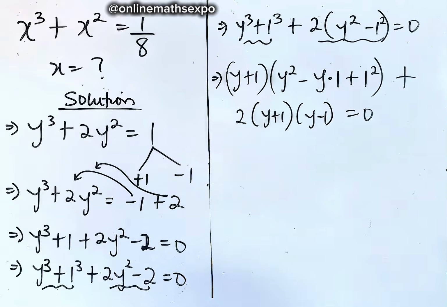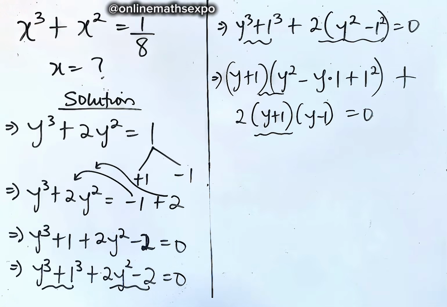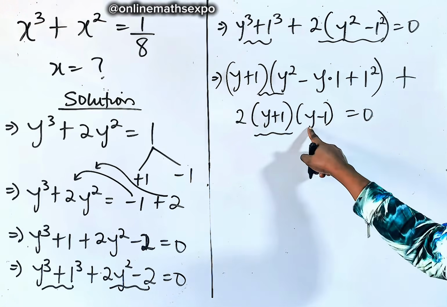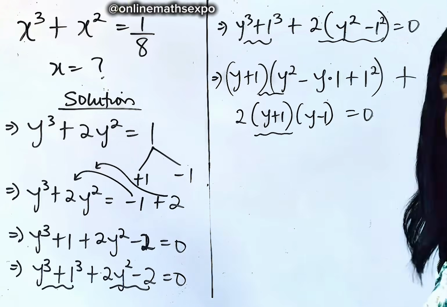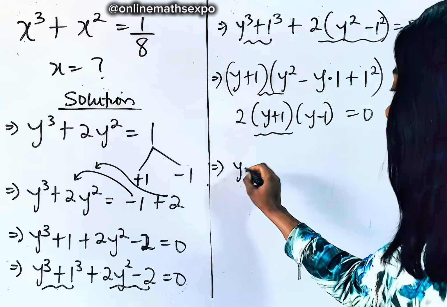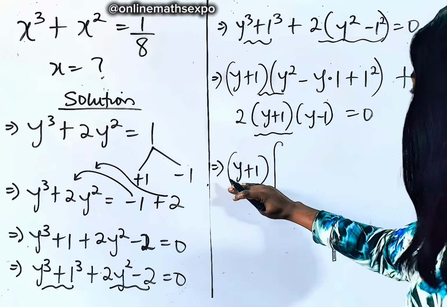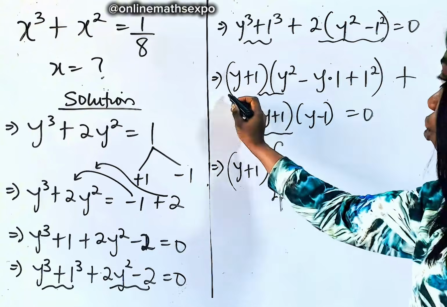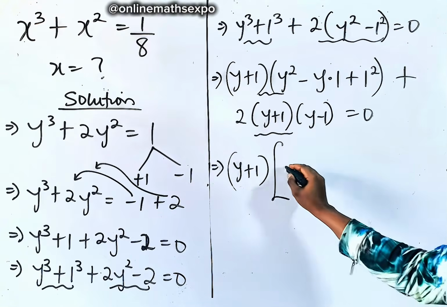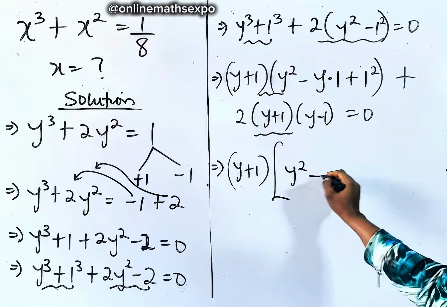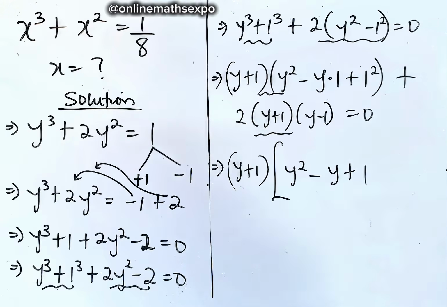This gives us, remember that these two are together as well as these two. Did you observe anything? You observe that y plus 1 is repeated in the two parts. So we factor out. And that gives us y plus 1, factor it, open a big bracket. Use this to divide these two. When you do that, you'll be left with this. So that gives us y squared minus, multiply this, you have y. 1 squared gives us 1.